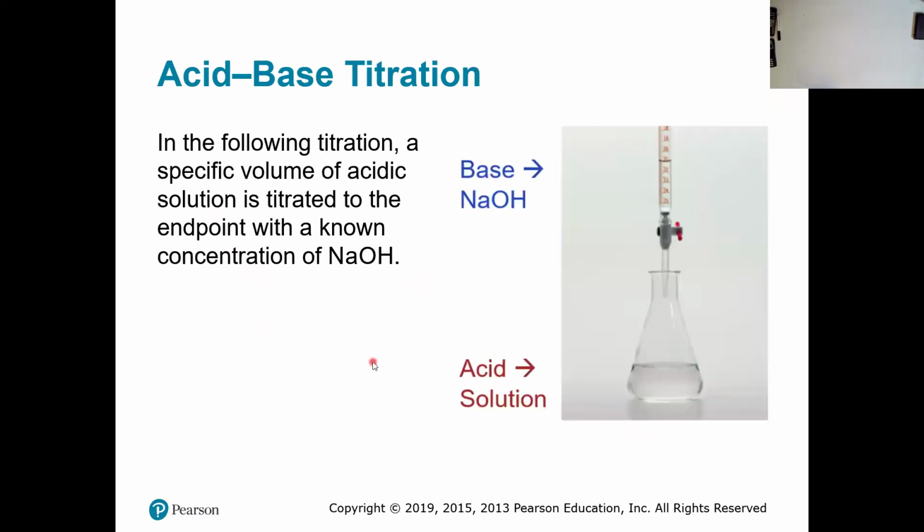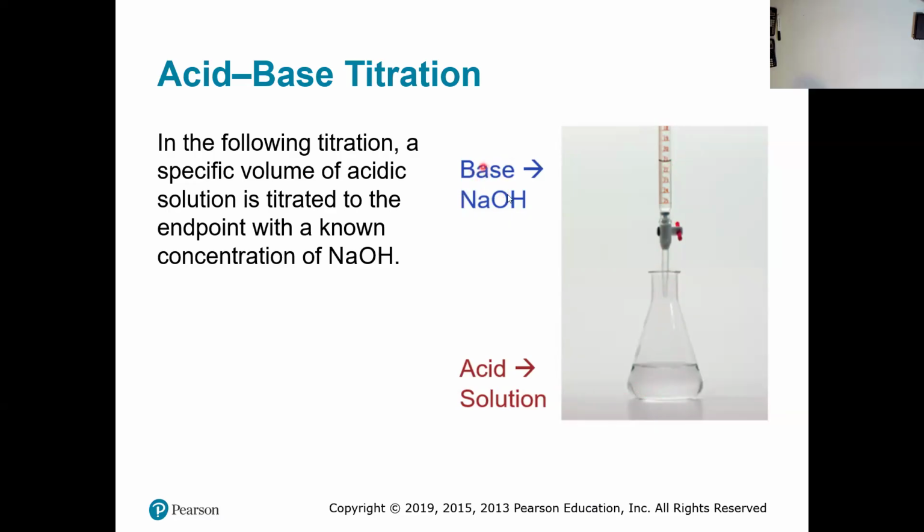Okay. And we just keep track. So we keep track of that acid solution. We know exactly how much we added at the beginning, and we watch and we see how much base we add. And at the point where our solution turns pink, we'll stop adding the base and we'll look and see what volume of base we've added.